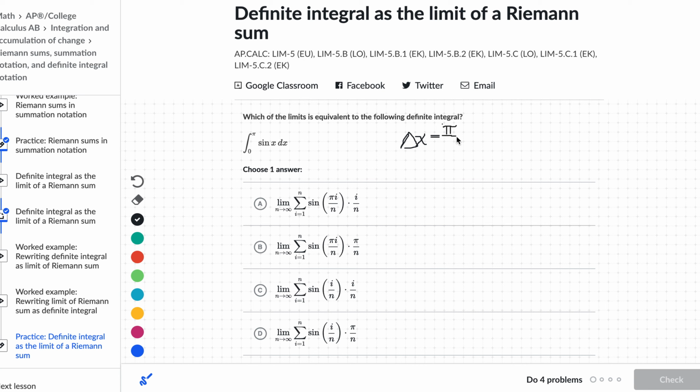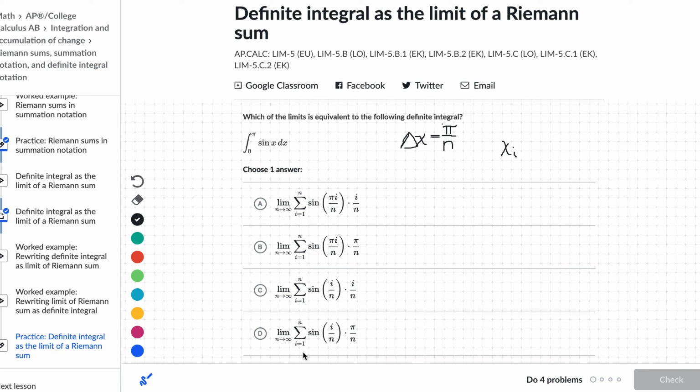So every rectangle will have a width of pi divided by how many slices I have. And then my sample point is starting at 0 and going up by this amount. Okay, so now my x sub i, which I'm not even going to write, just to save time, is just going to be this with the i put on it. Okay, so now I want a limit that starts from n and goes to infinity.